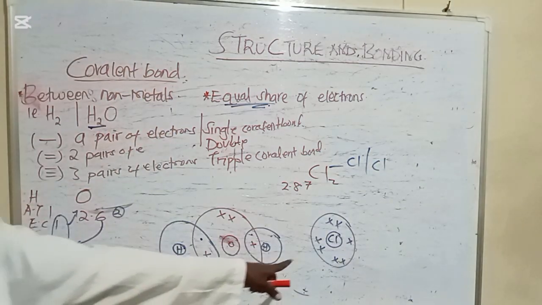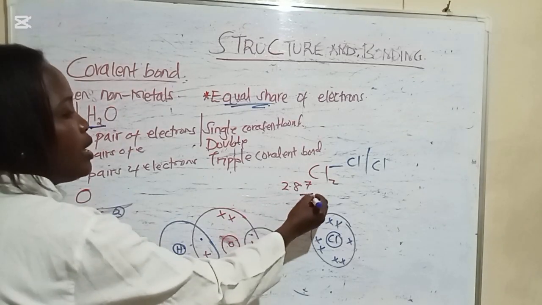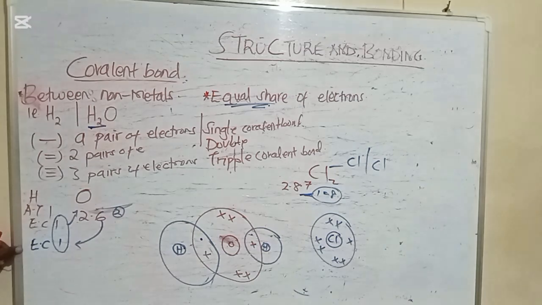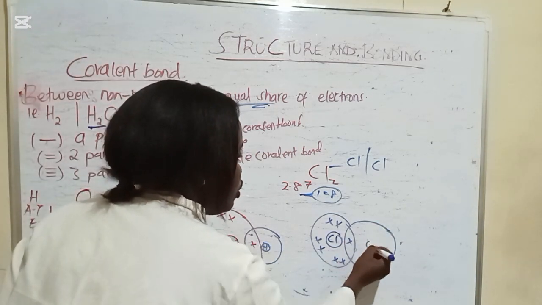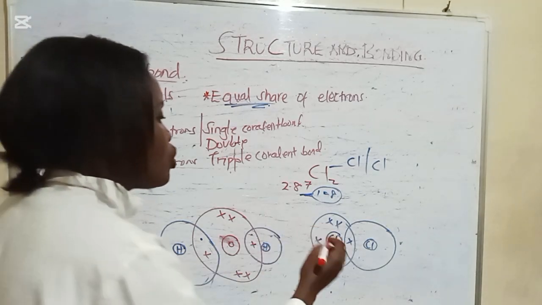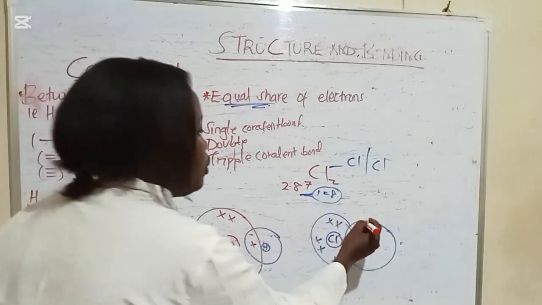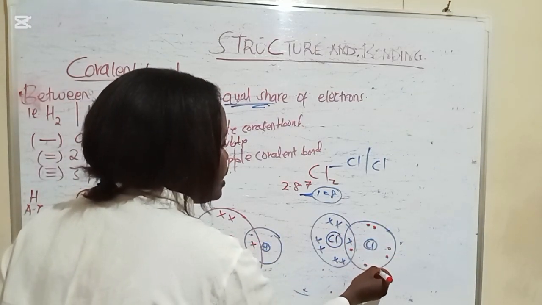So one chlorine atom is going to donate 1 electron, and another is going to donate 1, because it only requires 1 to be 8, to attain stability. So this is one of your chlorine atoms that is going to bond to another chlorine atom. And this chlorine atom is going to donate 1 electron for it to attain stability. So we are going to draw our remaining 6 electrons.